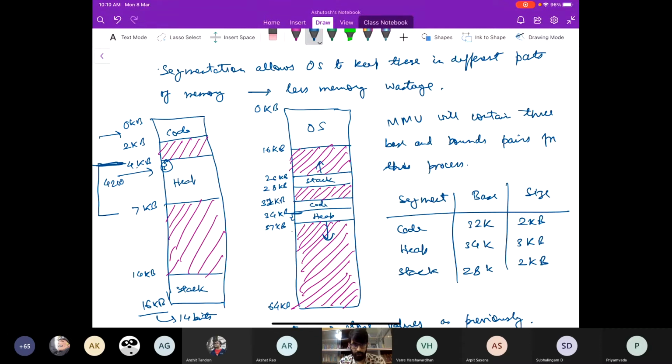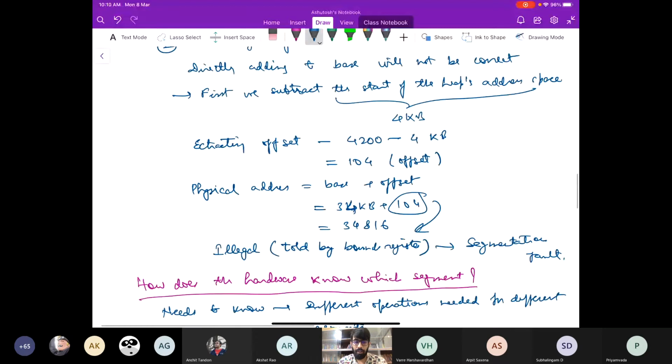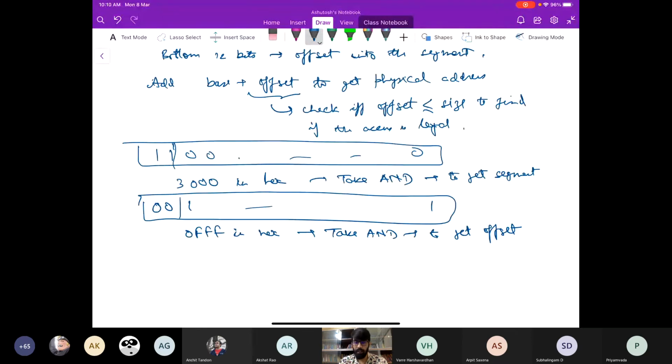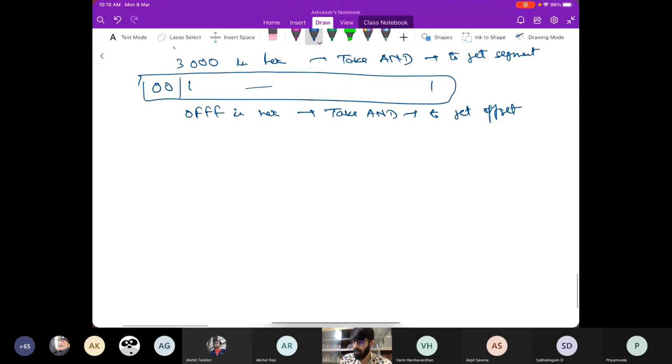That's where the heap starts. Okay, so if we have divided the address space into logical segments like this, that makes the job of the hardware easier, and it can just take ANDs to get which segment register to go to and to get the offset. Okay, but there are some small problems: there are 2 bits and 3 segments.